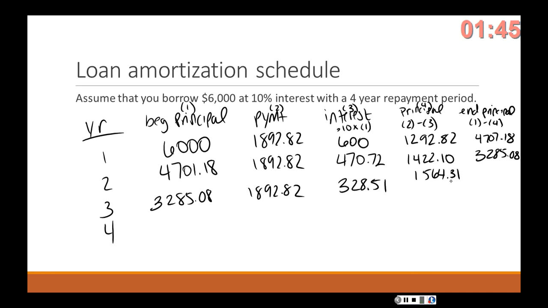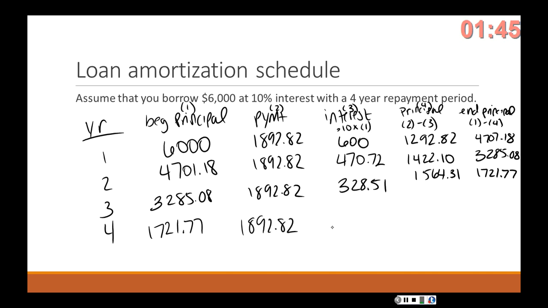$1,564.31. To get your ending principal balance, it's your beginning minus your amount towards principal for that period. So $3,285 minus $1,564. That gives you $1,721.77. And that becomes your beginning principal. Your payment stays the same.